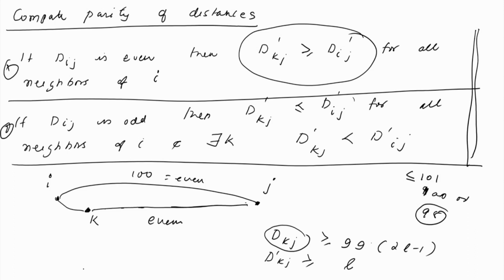So, we can write this as a simpler condition, a cleaner criterion. Compute the summation of d prime kj, where k varies over neighbors of i.